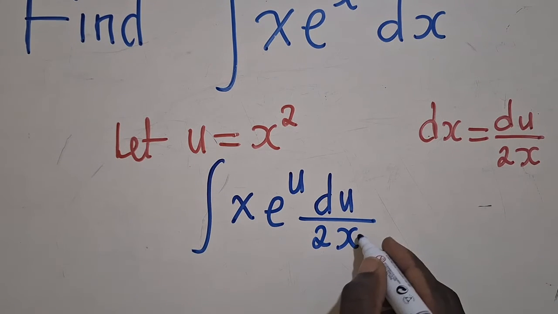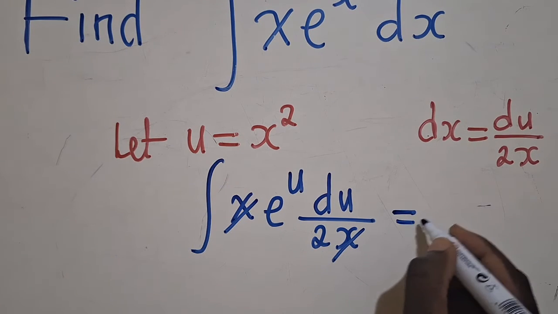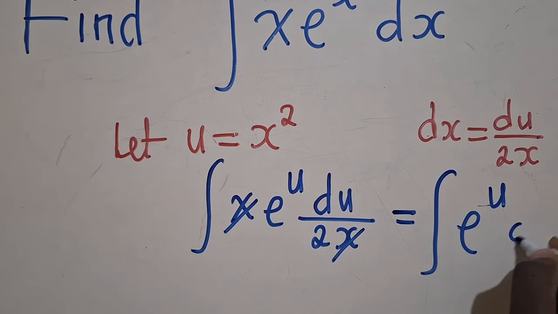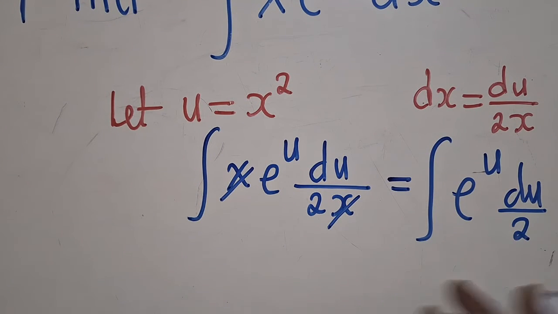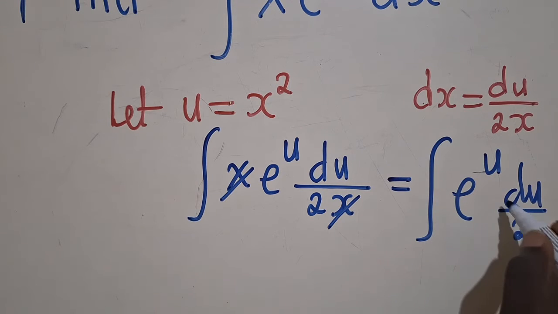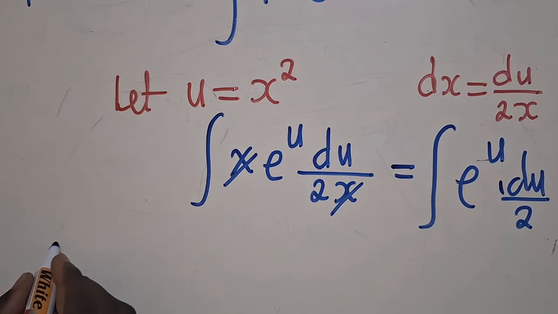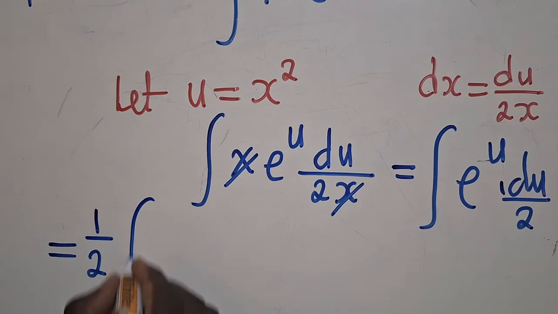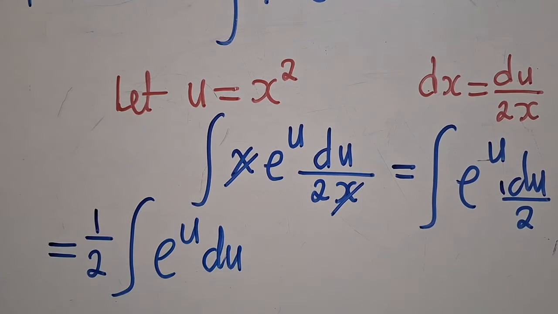So at this point, this x and x will go. So we shall remain with the integral of e power u du over 2. You see what we have? Now this being a fraction and 2 a denominator, we know that there is a 1 here, 1 over 2. So we can write it outside the bracket. It will be 1 over 2, and then we bring in the integral sign, e power u du.